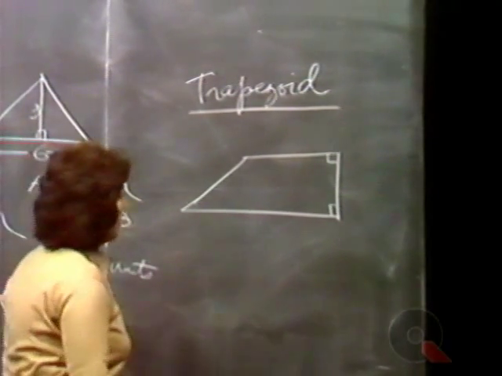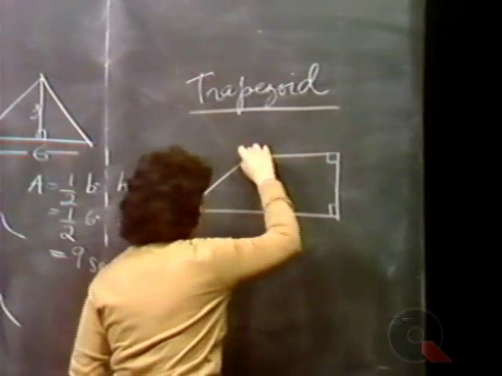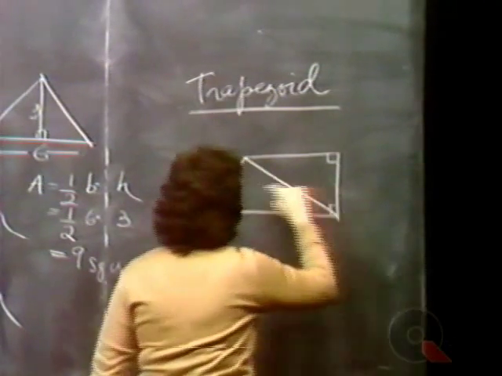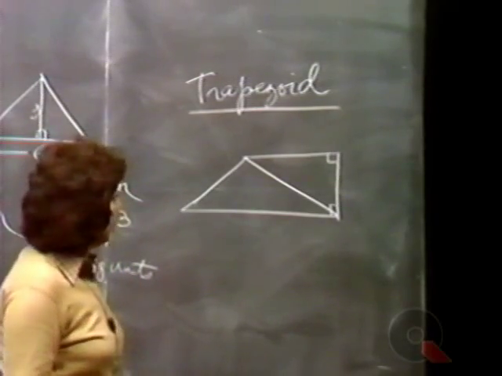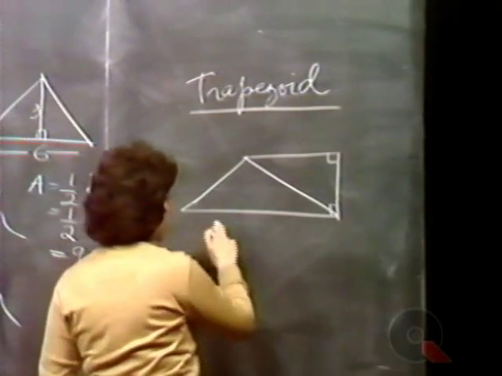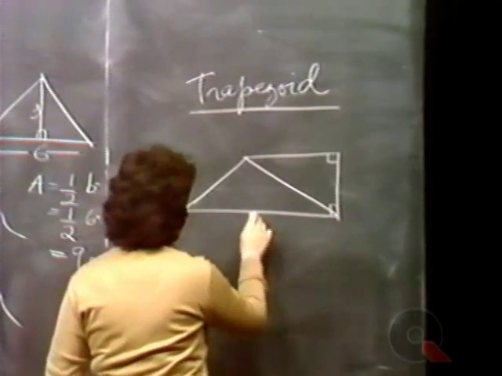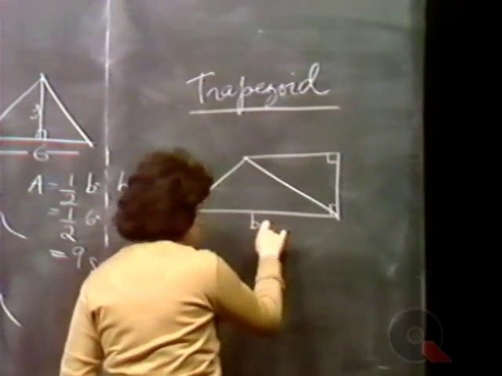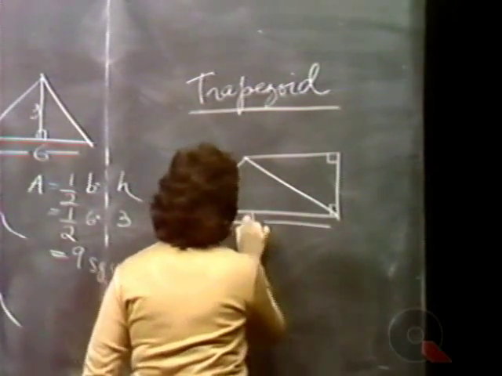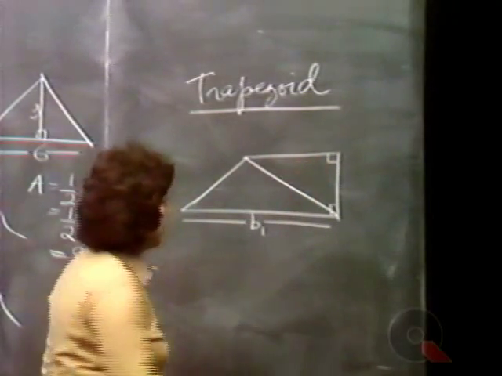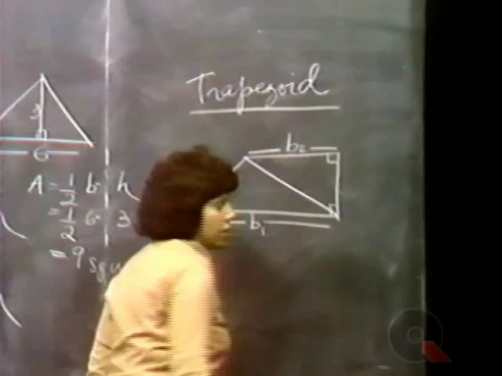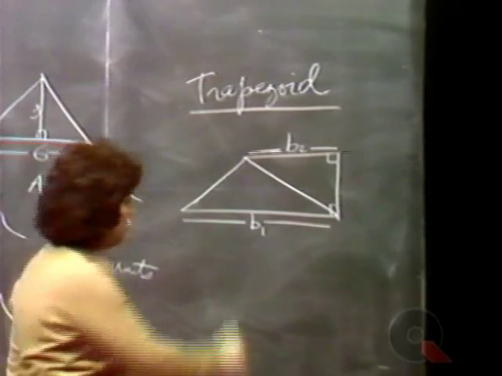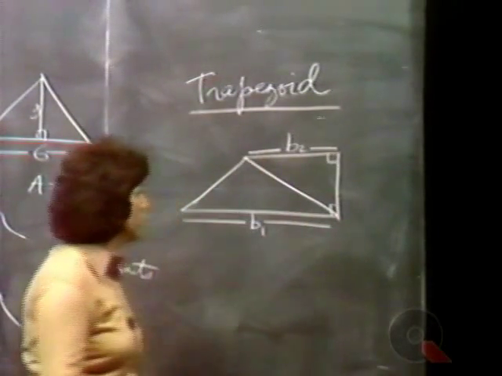Now, if you were to draw this diagonal in here, you would cut the trapezoid into 2 triangles. Let's say this triangle here has base B1, and the triangle up here has base B2.